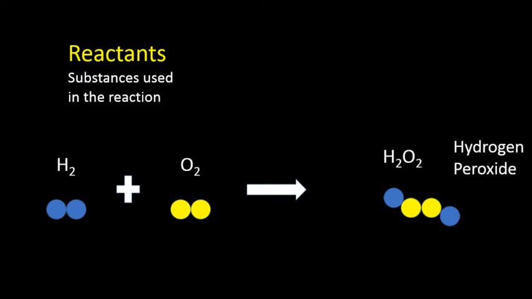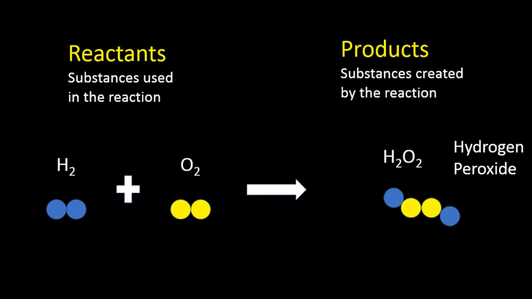So it's important to understand that the bonds of the reactants break, and then they're reassembled to make a new product on the other side. And again, the products are the substances created by the reaction. So in a formula, you'll see the reactants on the left, usually, and the products on the right.